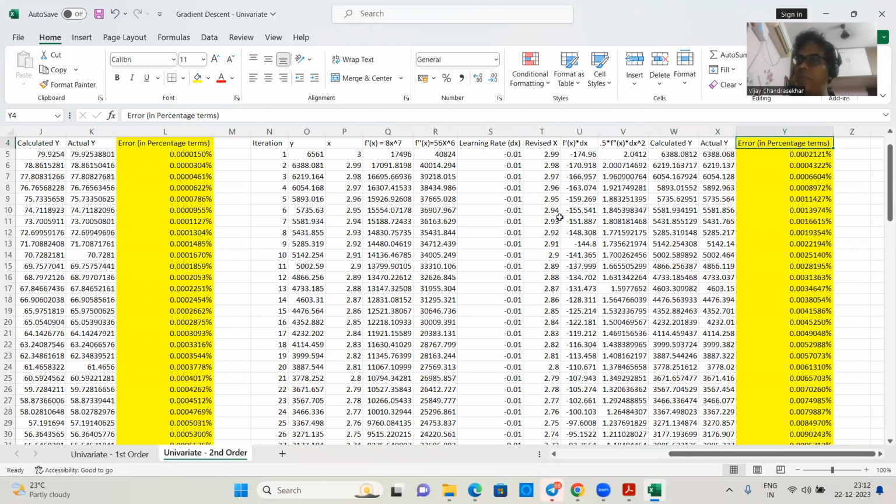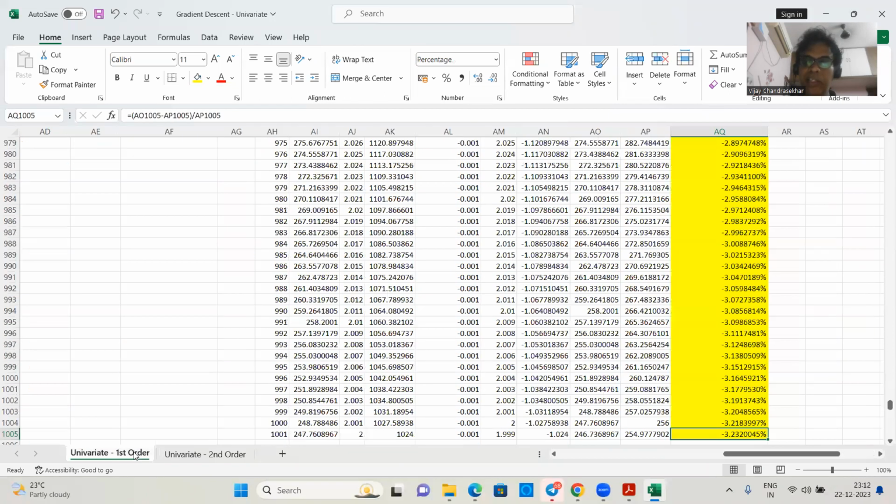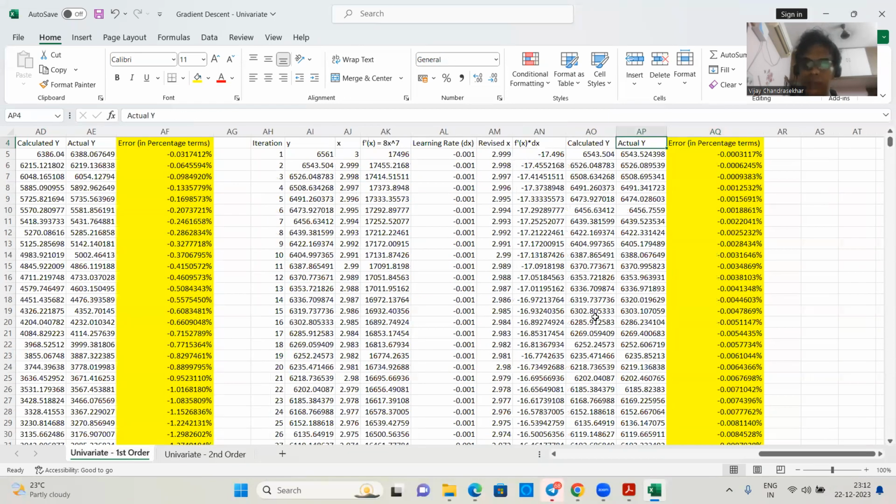So I would rather prefer doing this instead of keeping it as a first order approximation and doing 1,000 iterations, right? Maybe if I decrease the learning rate to 0.0001, I might get a better approximation. But that means just to move from 3 to 2, there'll be 10,000 iterations in that case, correct?